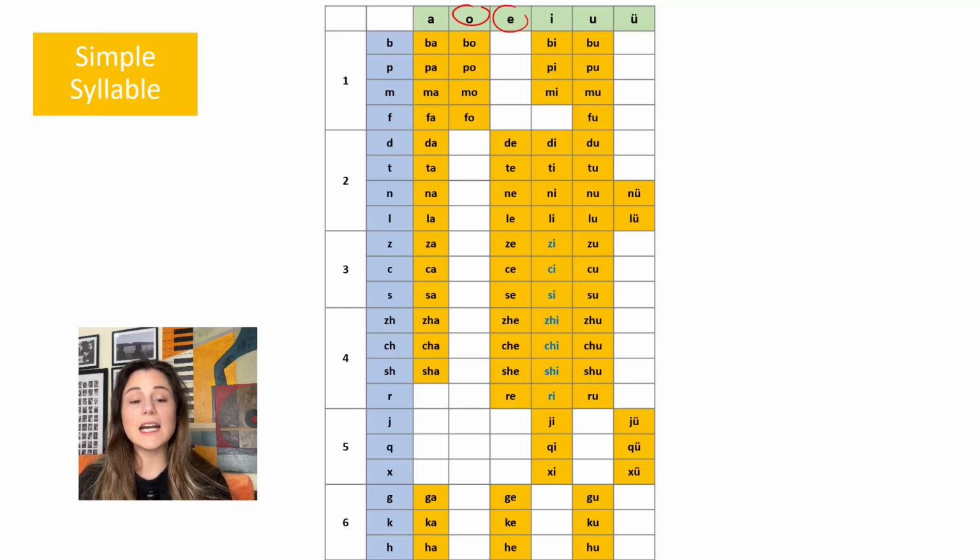Now let's move to the sound. Again, it's t, n, l, z, c, s, zh, ch, sh, r, g, k, h.